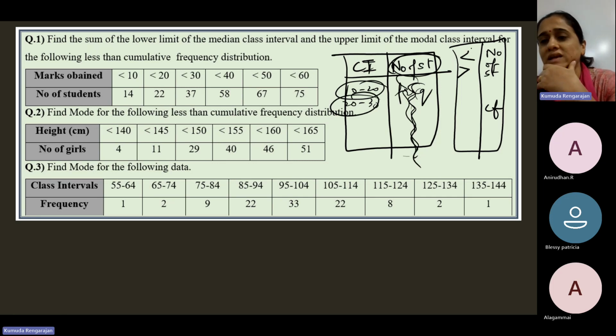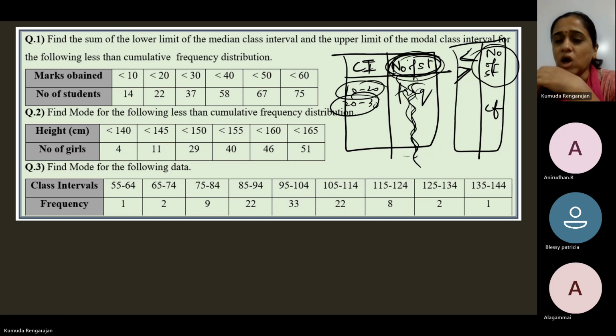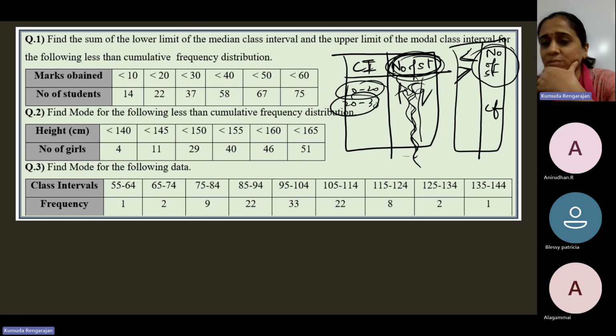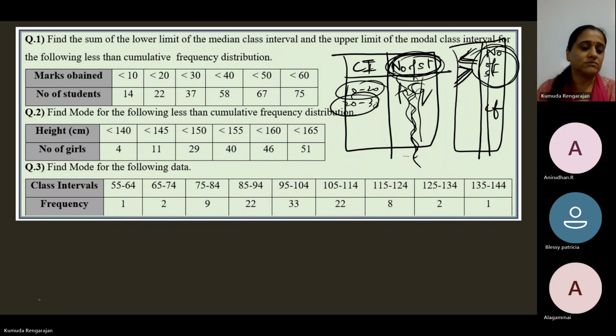But if you have less than or more than values, and the second column is also number of students, the same heading, then it depends. If the number of students column is given with the class intervals, then these are frequencies. If the number of students column is given with the less than or more than values, then these numbers are cumulative frequencies. Am I clear?